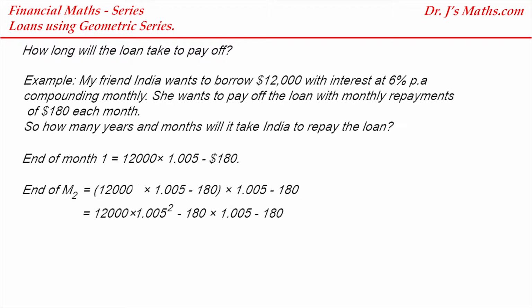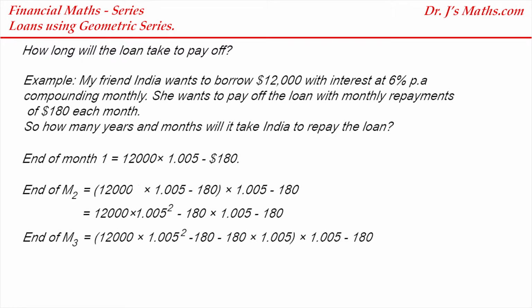Now we'll remove the brackets to make it easier to look at. So we've got 12,000 times 1.005 squared, minus 180 times 1.005, and then our final minus 180. Now we do the same at the end of month 3.